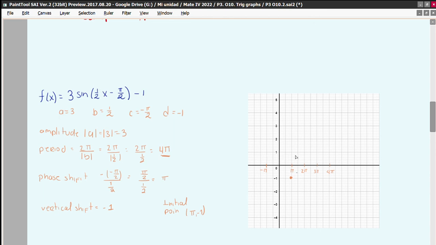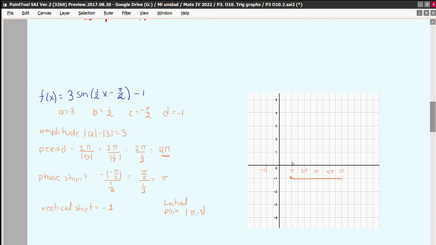For convenience, I will always move to the right. So 4 pi means I'm going to land up here in 5 pi. I have 1 pi, 2 pi's, 3 pi's, 4 pi's. So here's the width in which my full cycle of a sine is going to land.